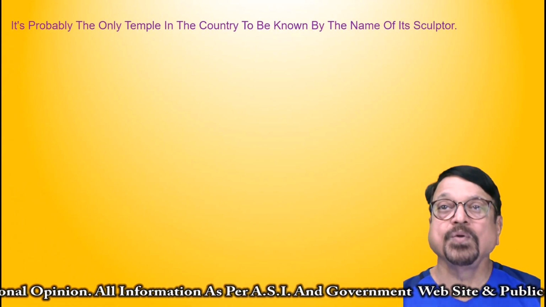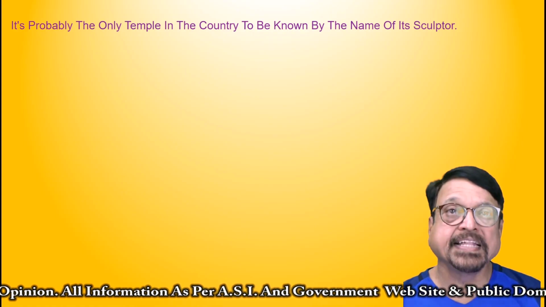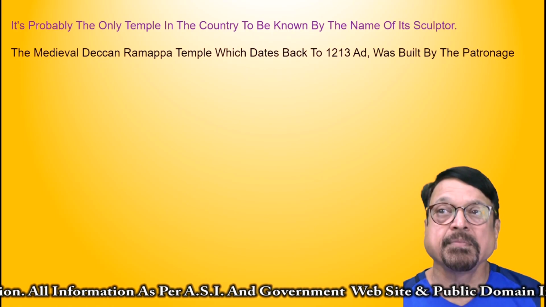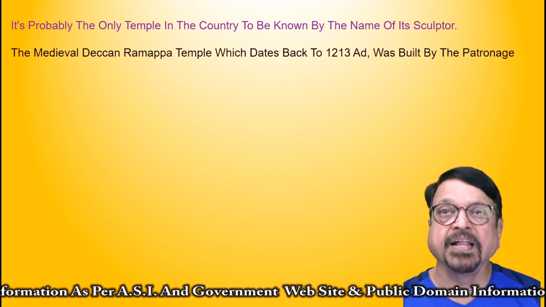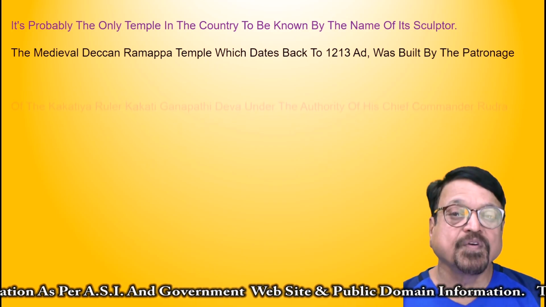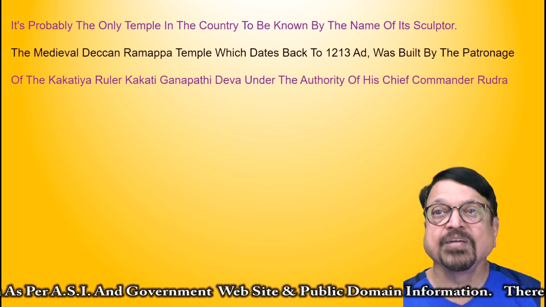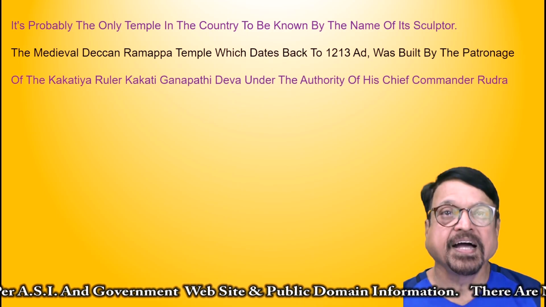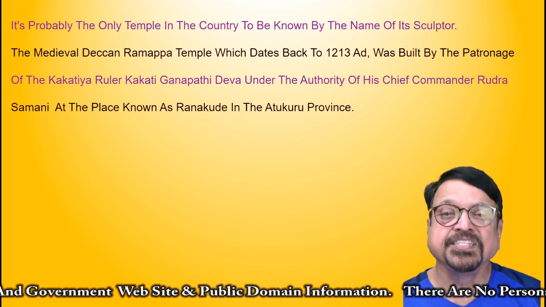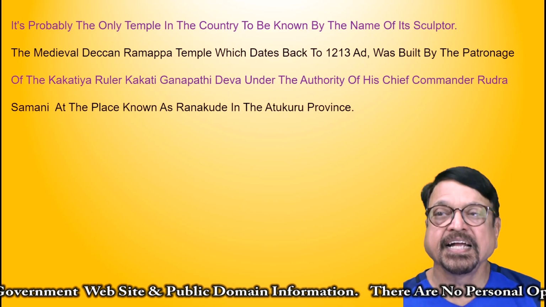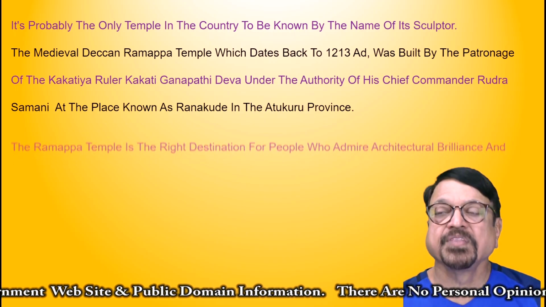It is probably the only temple in the country to be known by the name of the sculptor, Ramappa. The medieval Deccan Ramappa temple dates back to 1213. The ruler was Ganapati Deva and Ramappa was the chief architect of this temple project.